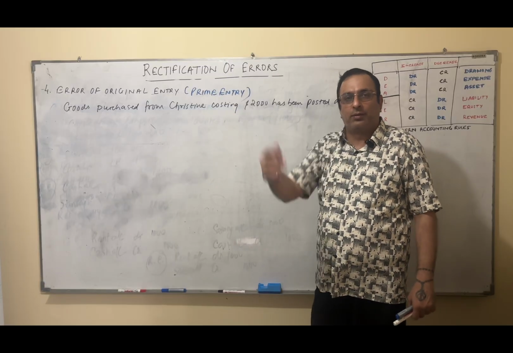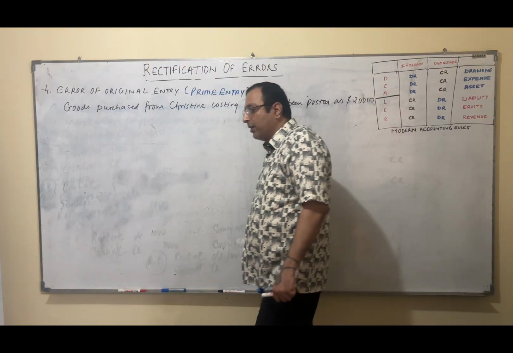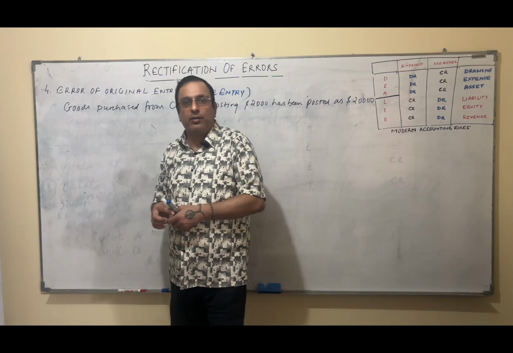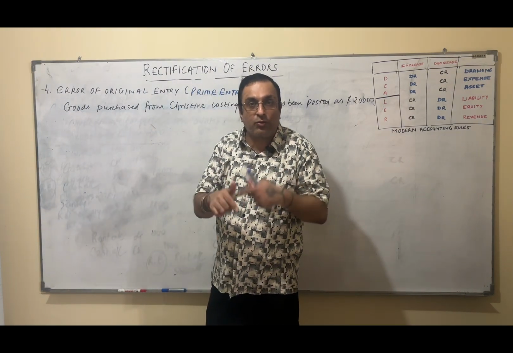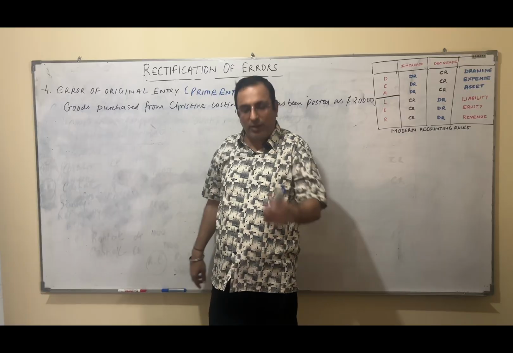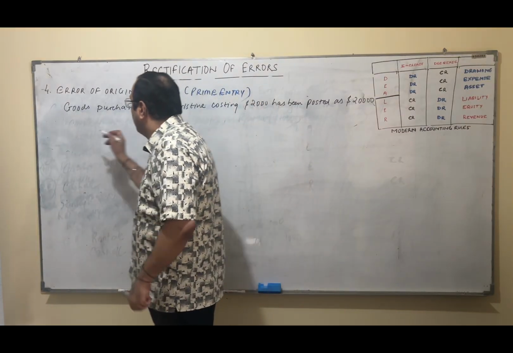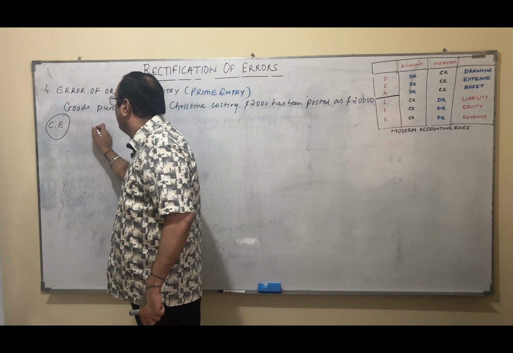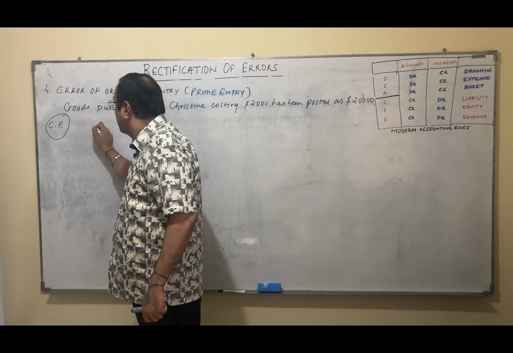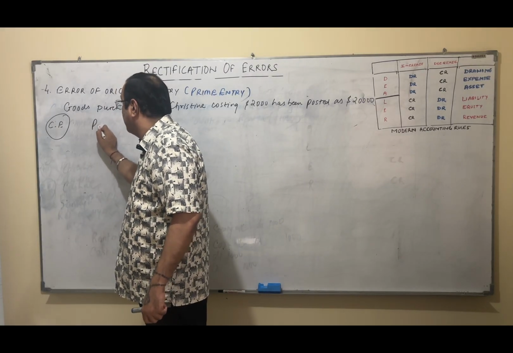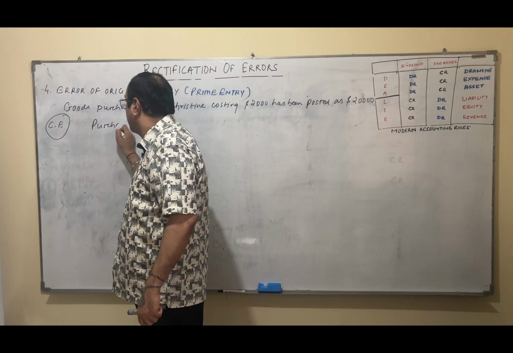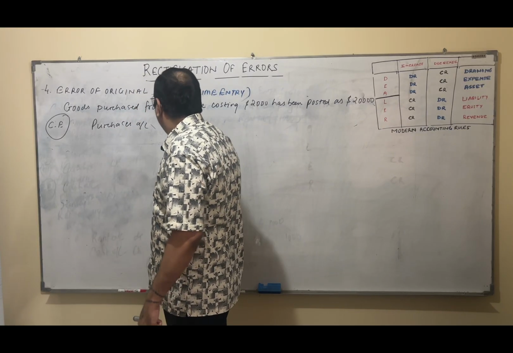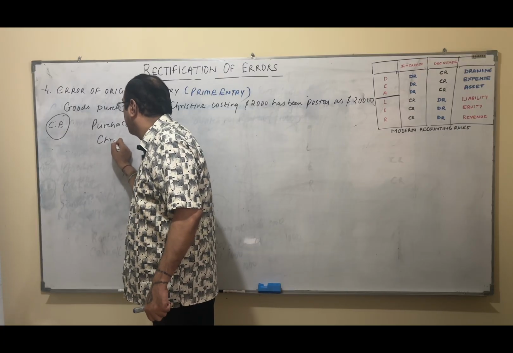More than actual. Whenever we write amounts more than actual, to rectify it, we just reverse the actual entry with the difference amount. I will tell you how. See, the correct entry: when we purchase goods, we write goods, inventory or purchases, anything, right? Purchase expenses, expense increase, debit side, and we have purchased from Christine.